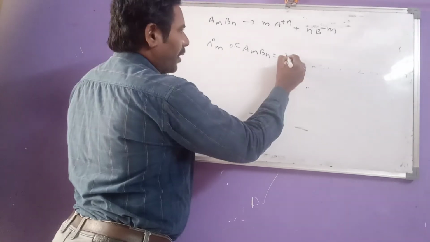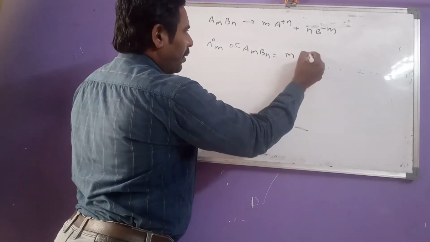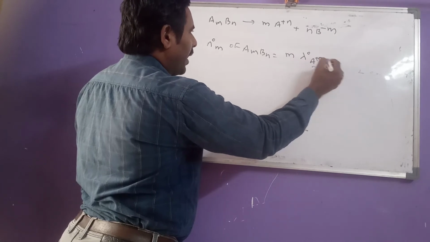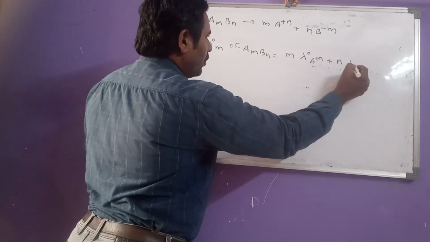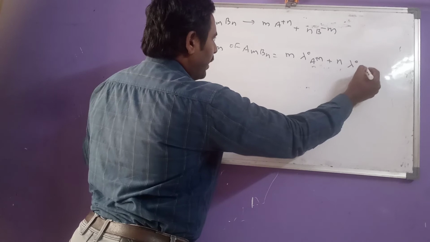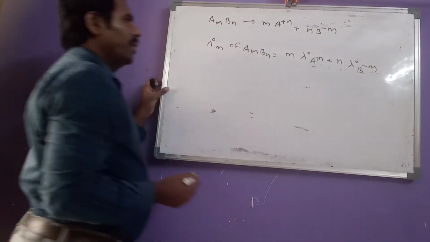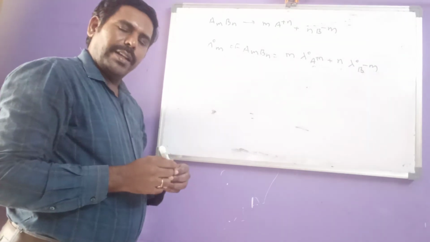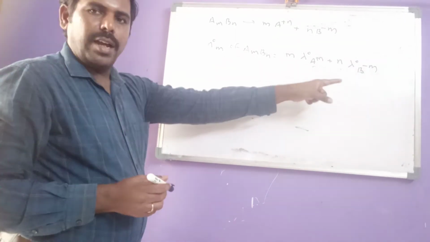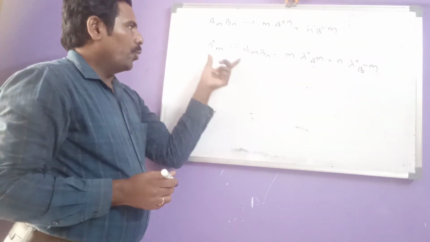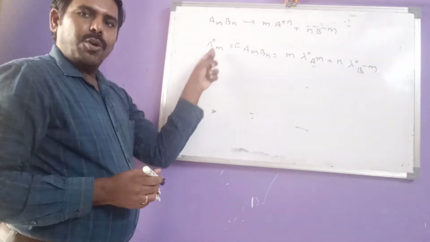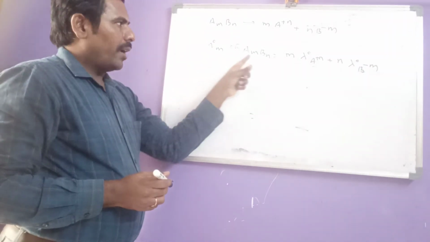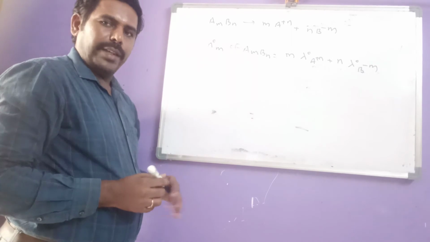So now m into λ° A^n+ plus n into λ° B^m-. So like this we need to multiply with number of ions, those individual ionic conductivities, to get the limiting molar conductivity of any given electrolyte.